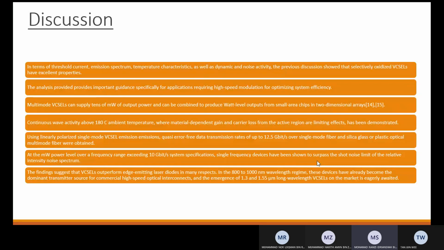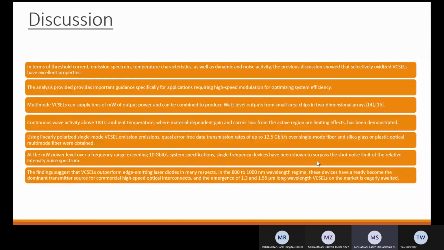Multi-mode VCSELs can supply tens of milliwatts of output power and can be combined into two-dimensional arrays to produce watt-level outputs from small area chips. Continuous wave activity above 118 degrees Celsius ambient temperature, where material dependent gain and carrier loss from the active region are limiting effects, has been demonstrated.